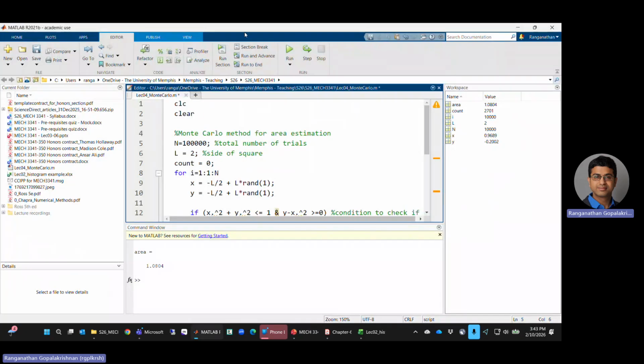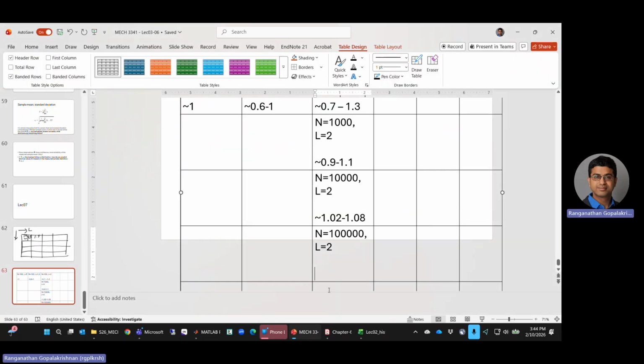I'm going to run my code for 100,000 trials and L equals 2. And my values seem to fluctuate somewhere between 1.05 to 1.07, or maybe even around 1.05 to 1.08. What is your experience?